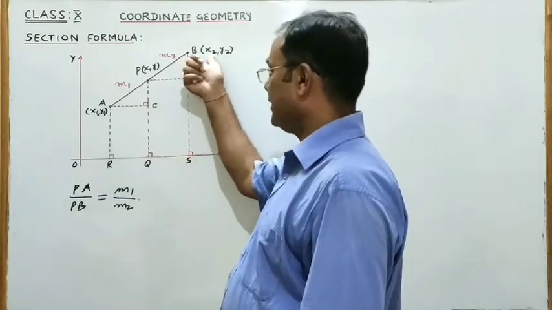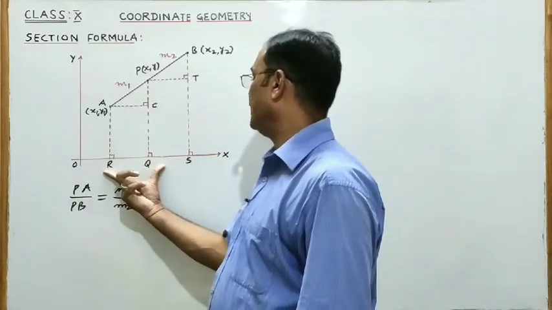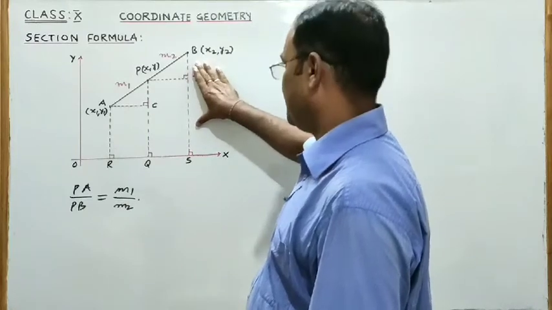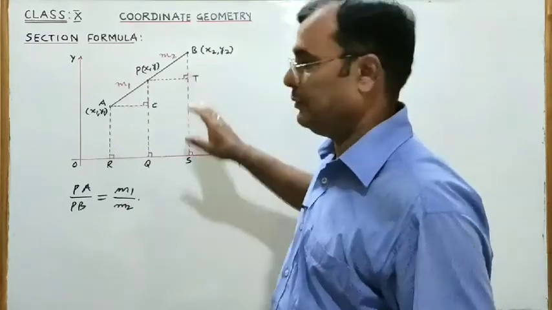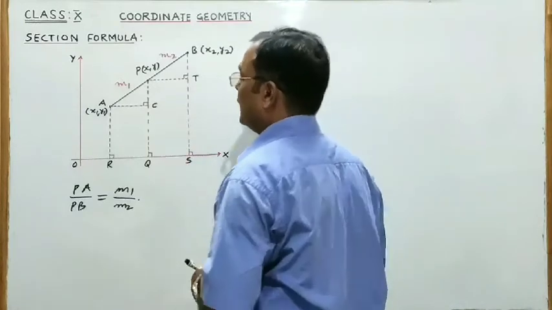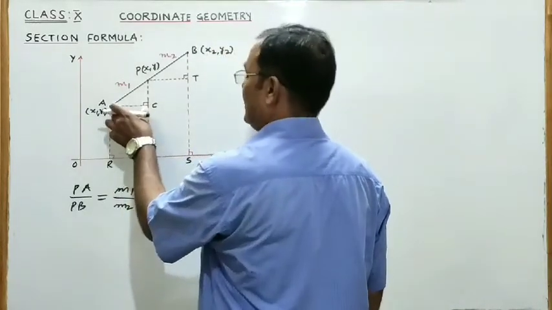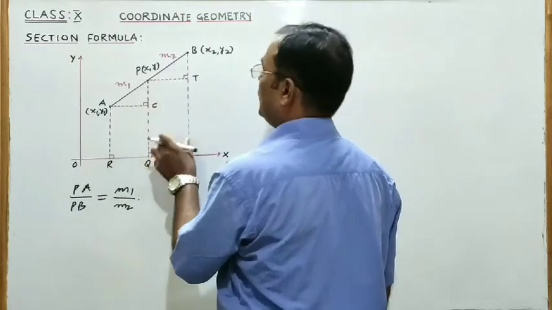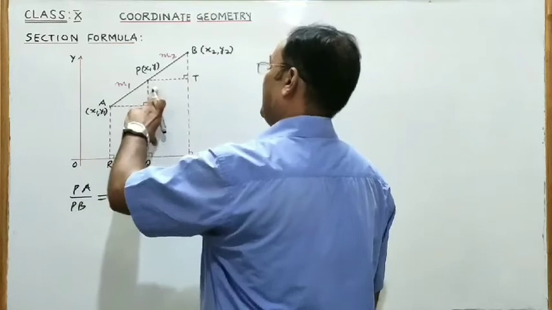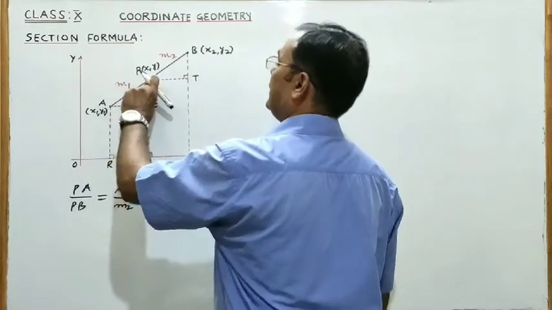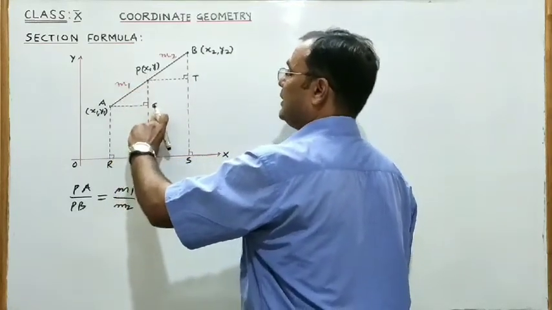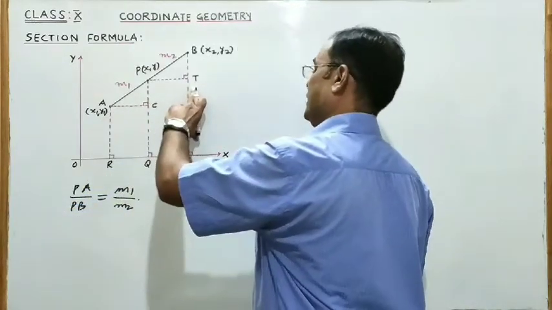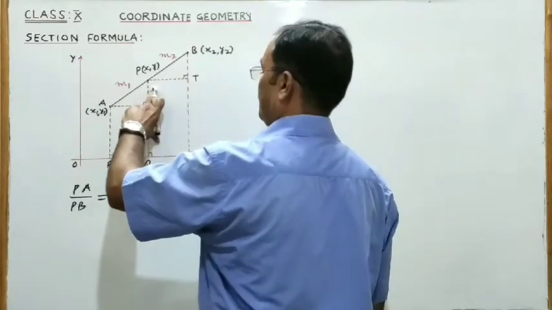Here the system is rectangular, therefore AC is equal to RQ, PT is equal to QS, PC is equal to PQ minus CQ, CQ is equal to AR, and similarly TS is equal to PQ.